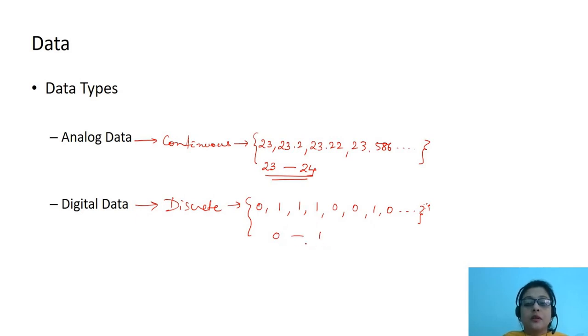But if we have analog data, in between 0 and 1 we can have innumerable data like 0.01, 0.001, 0.23, 0.99, etc. I hope this is understandable. Analog data is continuous in nature, and discrete data is also called digital data, which has a finite number of data in a total data set.